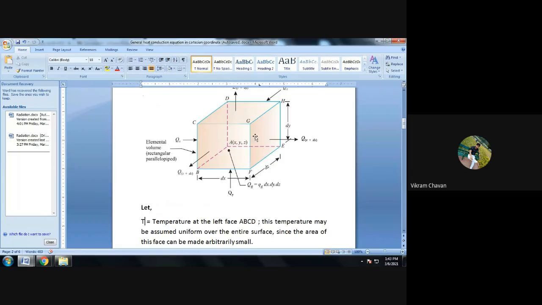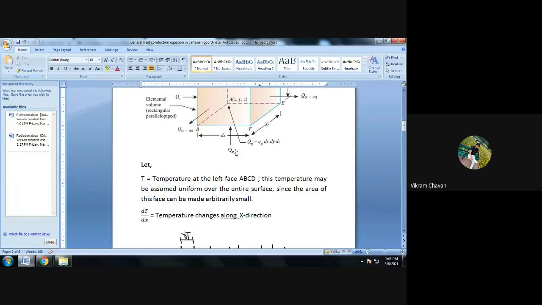When it travels from this face to this face, there will be some temperature difference between this face temperature and this face temperature. So the total temperature change with respect to length traveled by heat will be considered as dT divided by dx, which is the temperature change along the x direction.